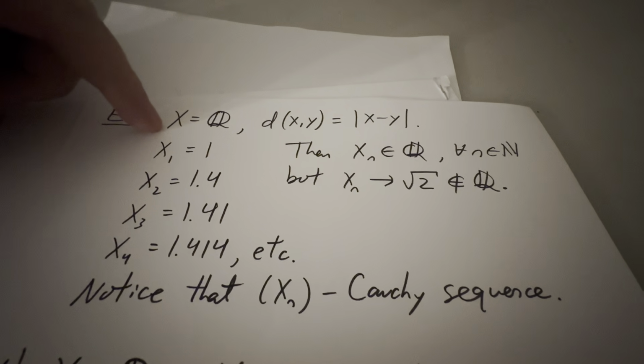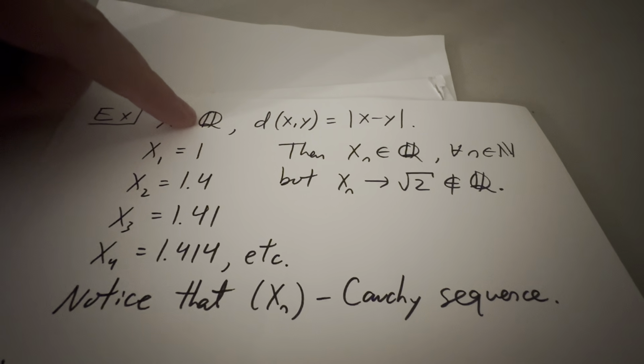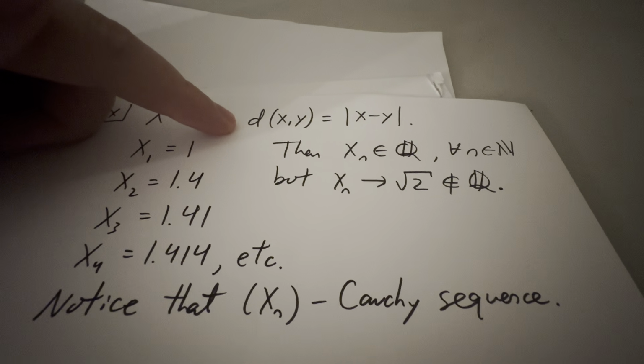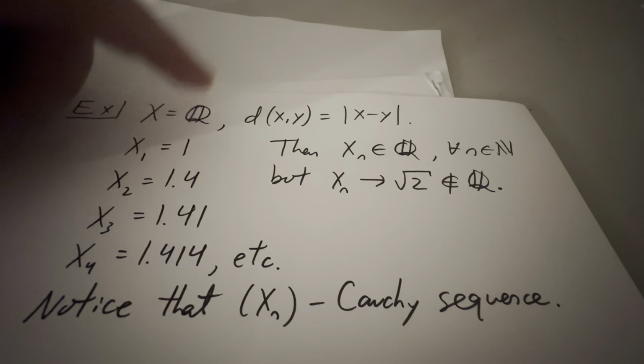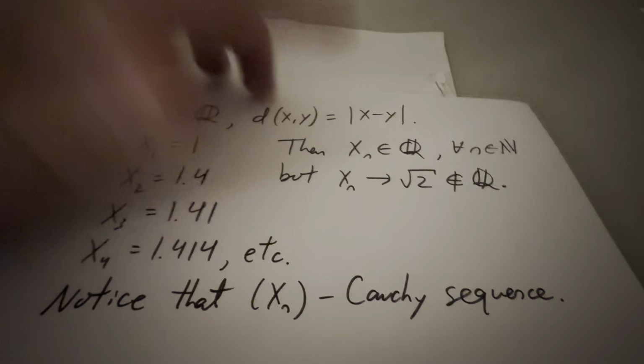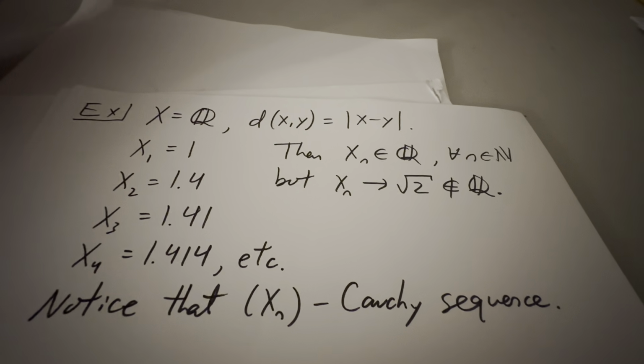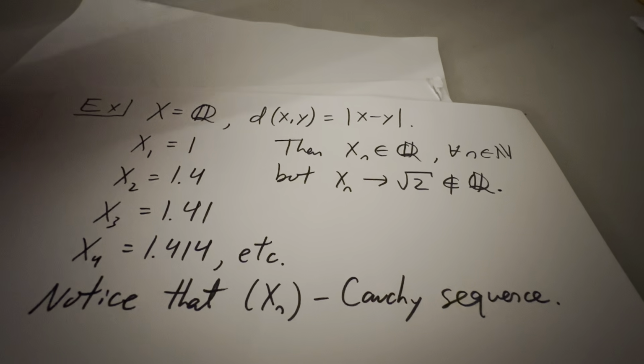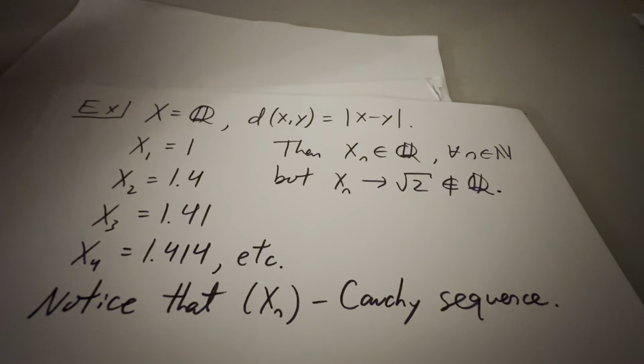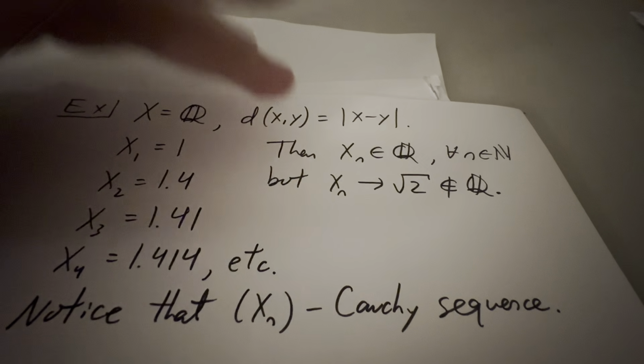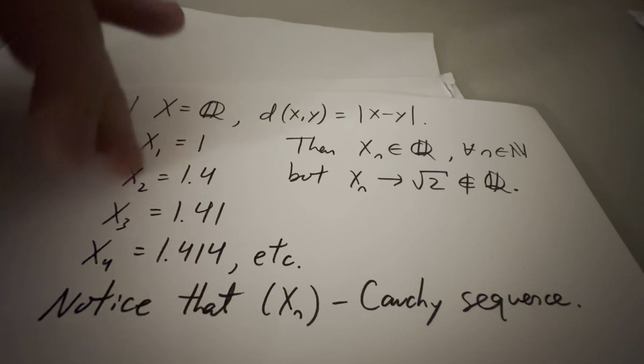So suppose that your metric space is the set of all rational numbers, and the distance between two points from Q is the normal Euclidean distance. So it's just take one number, subtract the other, take absolute value. That's all you have. So it's a very familiar metric space. And then you take the sequence given here.